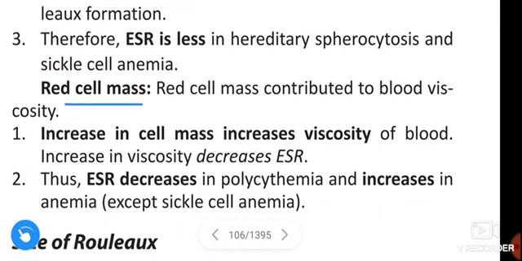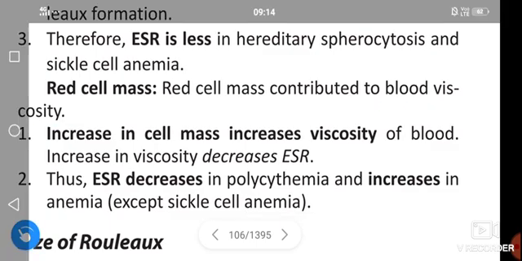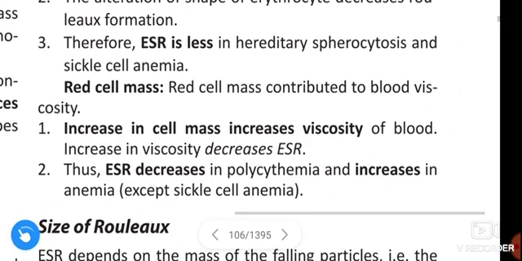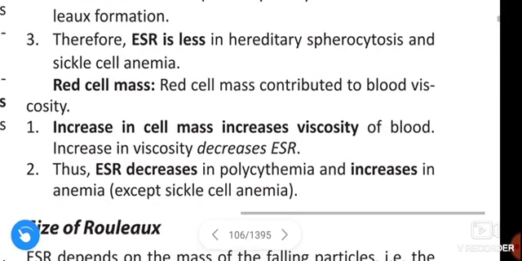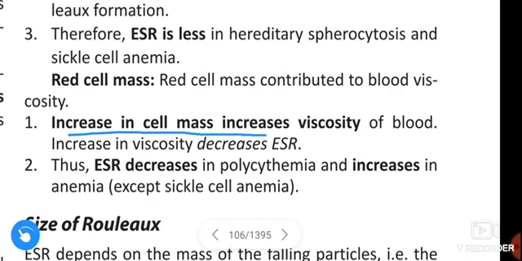Next, red cell mass. Red cell mass contributes to blood viscosity. Increase in cell mass increases viscosity of blood.